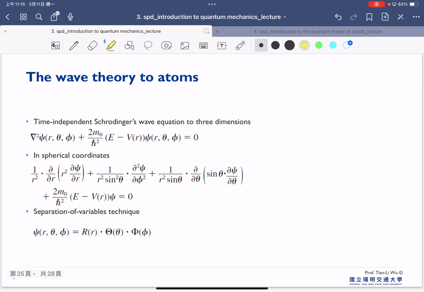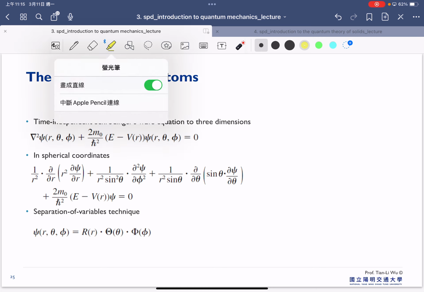And now we consider the three-dimensional case. We try to extend the case from one dimension to three dimensions, because in reality atoms exist in a three-dimensional world.